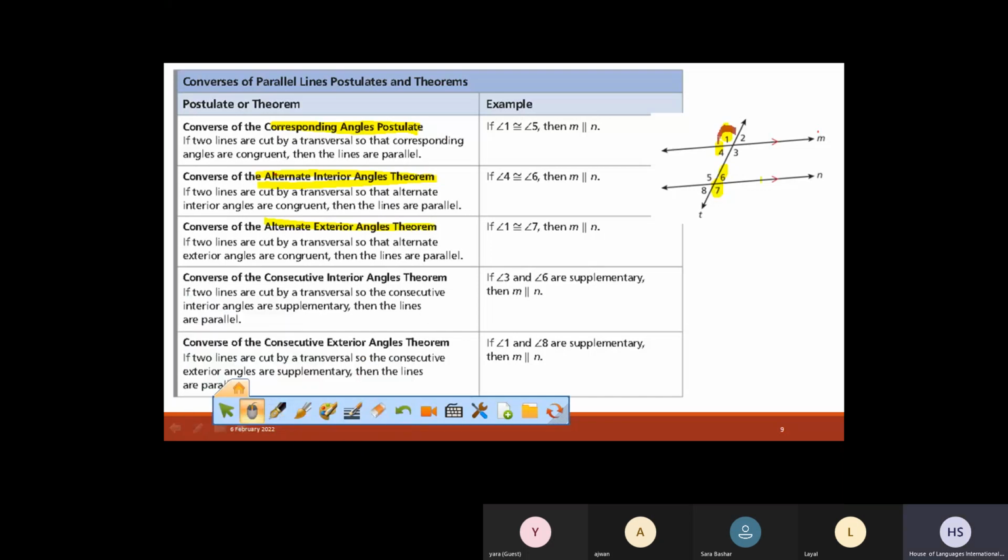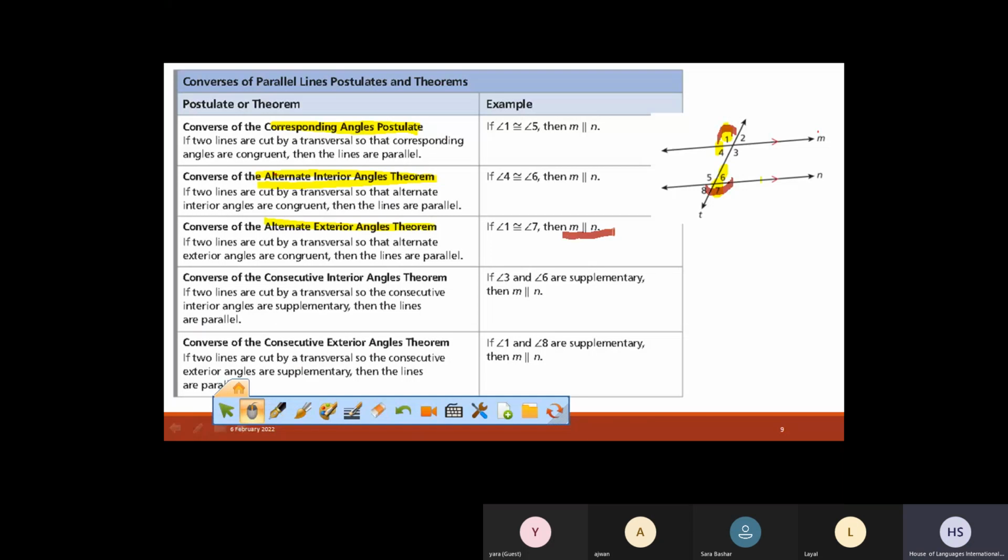We take 1 and 2. They are exterior and on opposite sides. Now, if you find that angle 1 and angle 7 are equal, that means M and N are parallel.